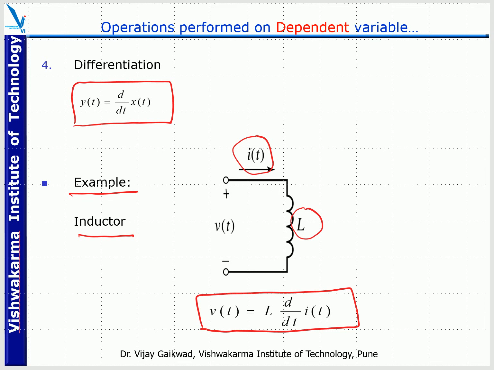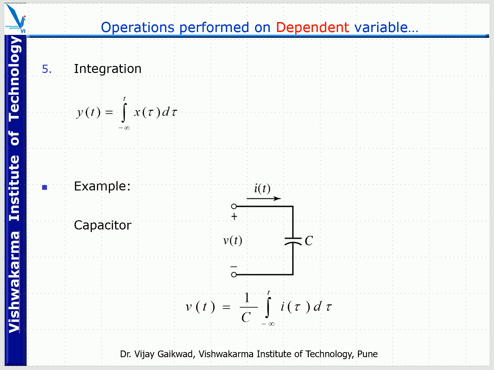So this voltage developed across the inductor is given by the equation V of t is equal to L di by dt. So output voltage V, which is a new signal, is obtained by taking the differentiation of the input signal I of t. Next operation is integration.